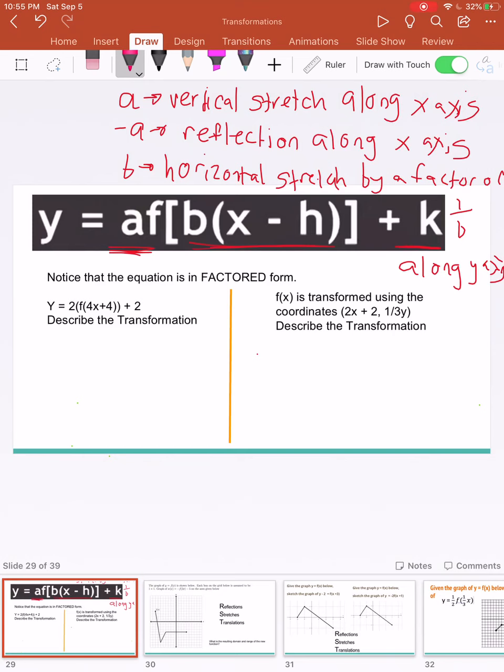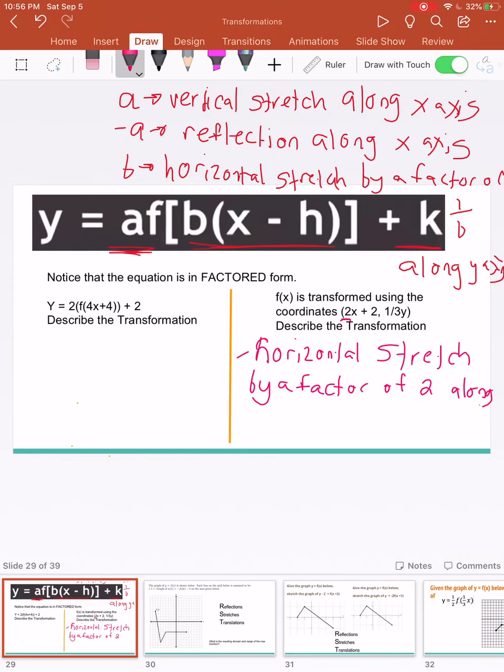That means this 2 here would be a horizontal stretch by a factor of 2 along the y-axis. Notice how we don't take the reciprocal, right? We only take the reciprocal if we're working from that transformation equation, okay?